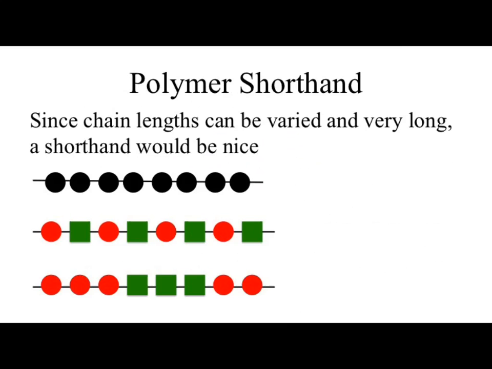There are a couple different methods for how you go through and look at shorthand. Everything that I've seen on the ACS test when they ask questions about monomers goes with this method. We put parentheses around our smallest repeating unit. Okay? Sometimes you'll also see a number attached to the lower right-hand corner. That's specifying how many of those monomer units are in that polymer.